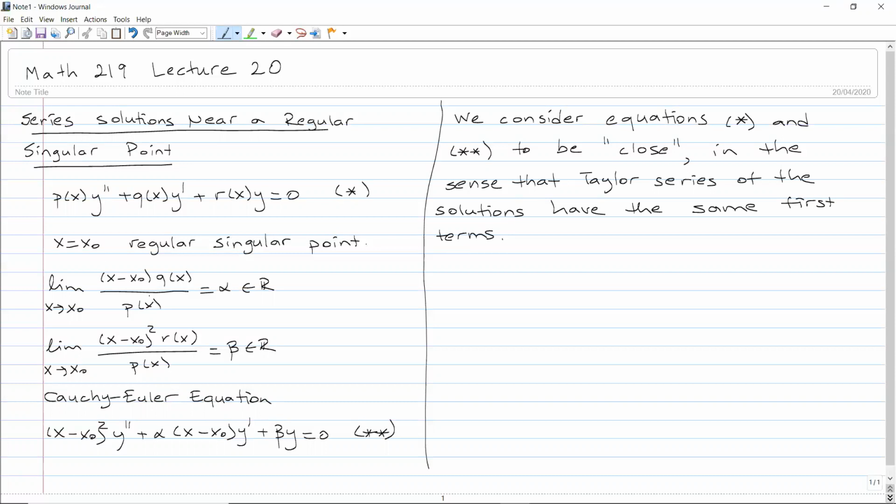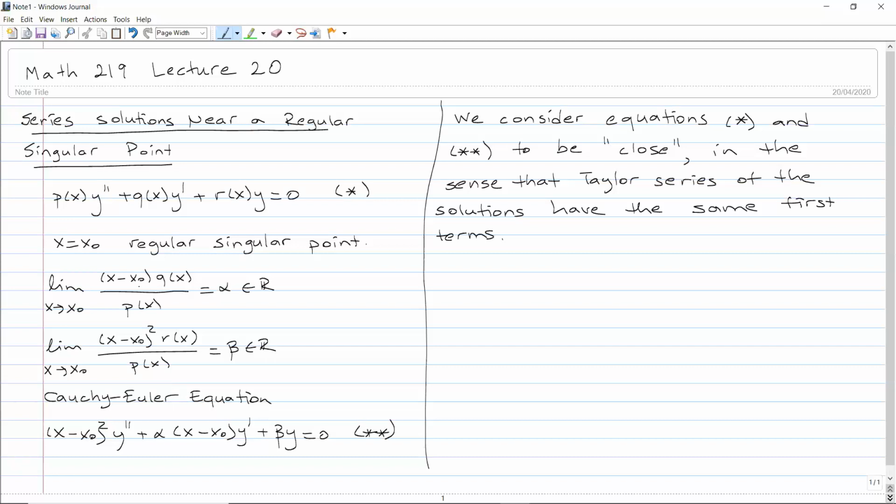This limit being alpha means that the function p(x) is like 0 at the point x0, so we have a singular point, but the zero is of first degree.